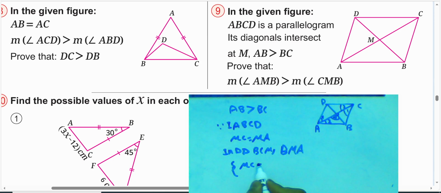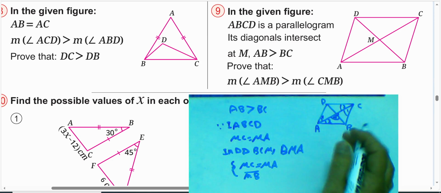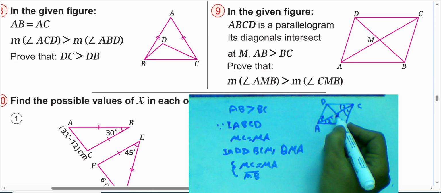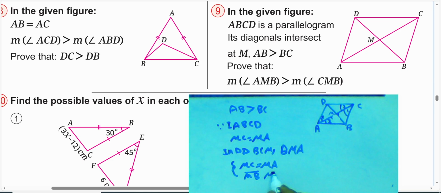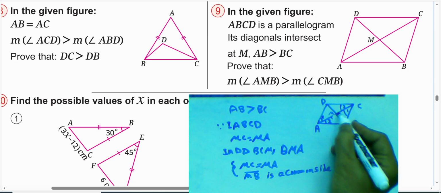MC is equal to MA, and MB is the common side between them.